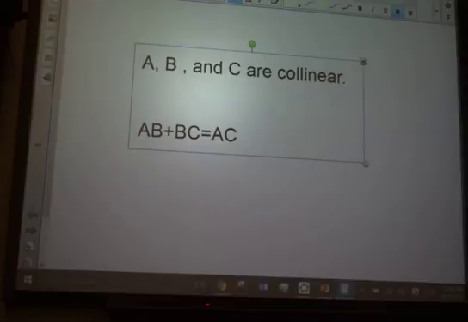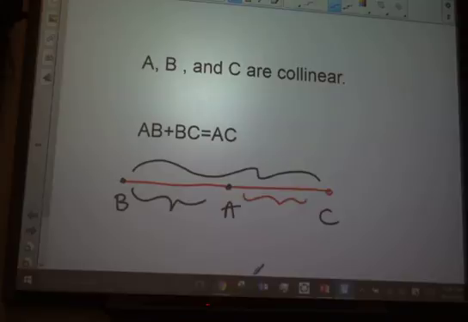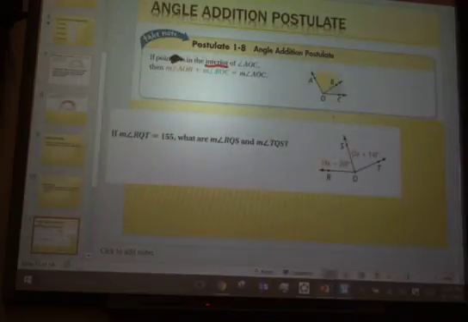But if I reposition those points, if I put B there, A there, C there, they're saying A to B, that distance there, plus B to C, that distance there, if I add those two together, should give me that total there, which we know would be false, right? So the key thing is that we have to tell you where B is. We have to tell you B is between A and C, and that was the key thing when we talked about the segment addition postulate. So it's the key thing here with the angle addition postulate, about where B has to be in regards to that interior.